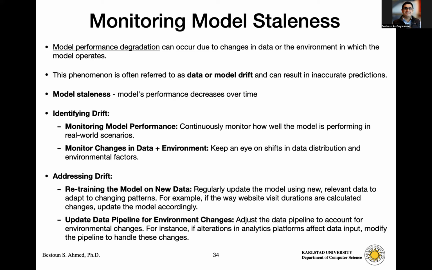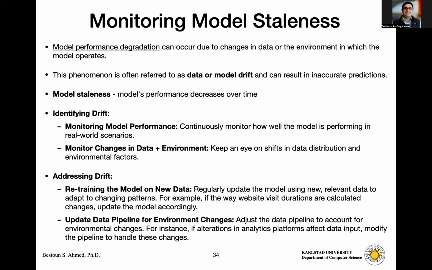Or continuously monitor the change in the data, how much the data is changing, and how much the environment is also changing. We have to keep an eye on this shift.